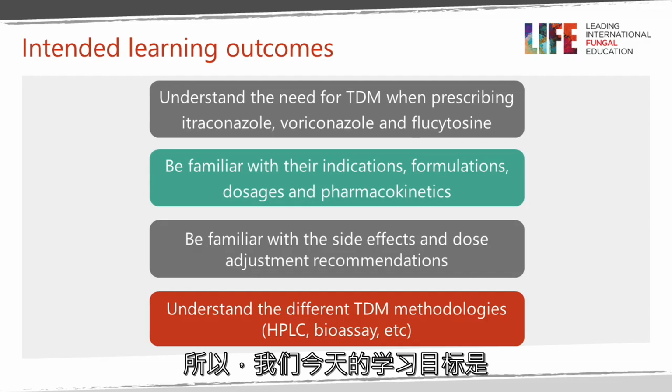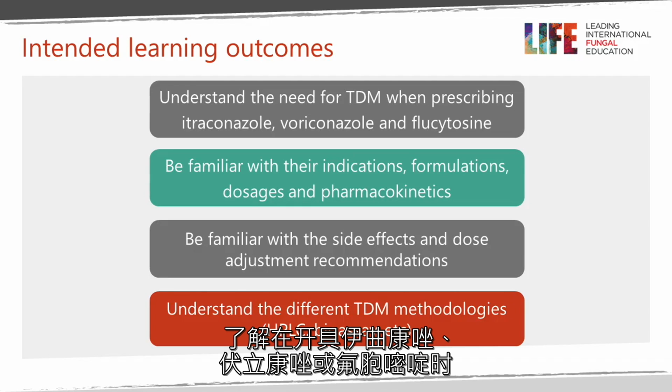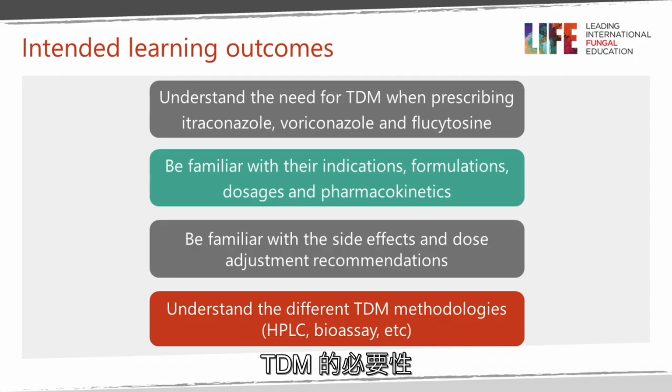So our learning objectives today are to understand the need for TDM when prescribing Itraconazole, Voriconazole or Flucytosine, to be familiar with their main indications, the formulations and the relevance of those for TDM dosages and key pharmacokinetics.